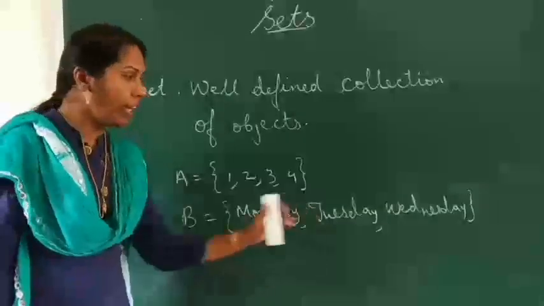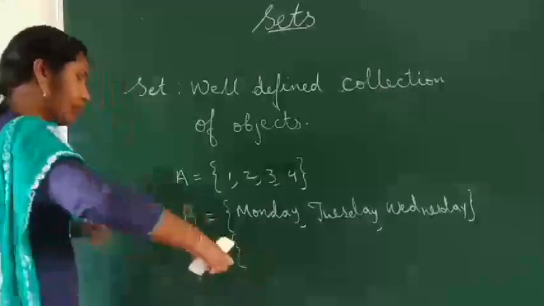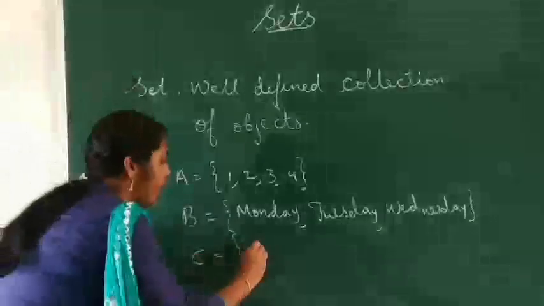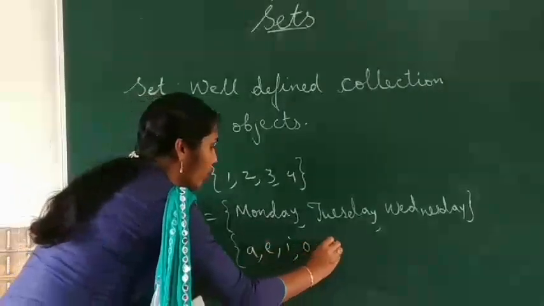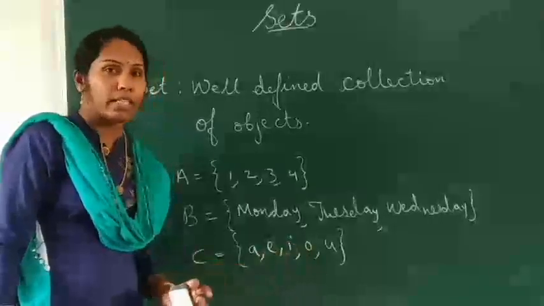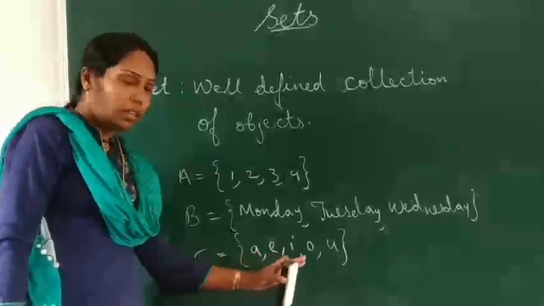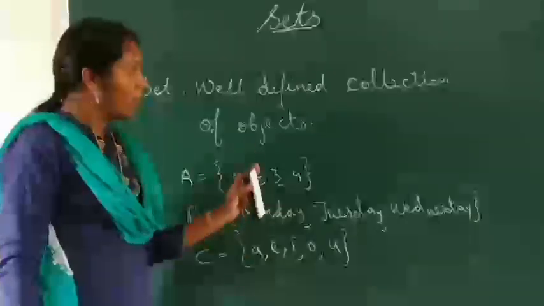In this way we can define this second set. Another set, if we define C is equal to {A, E, I, O, U}, it is a set of all or collection of all vowels in the English alphabet. So this is also a well-defined collection. So all these are examples of sets.